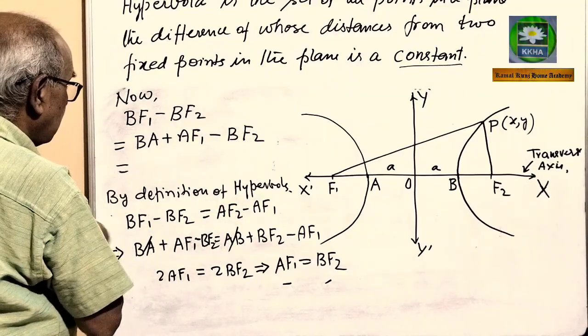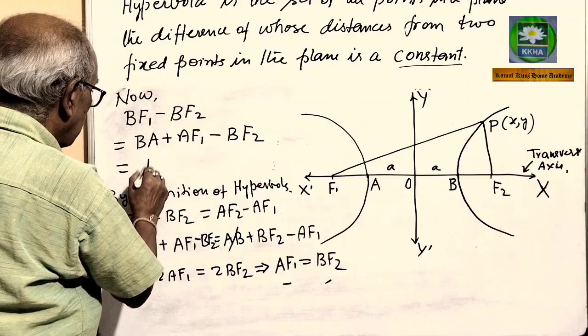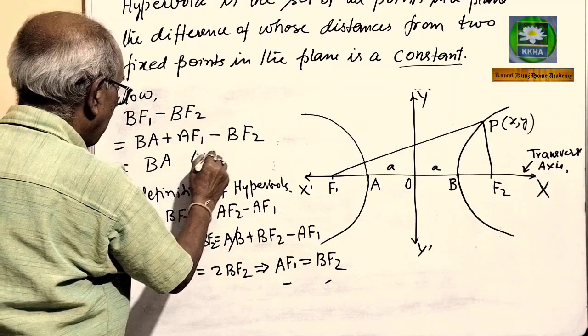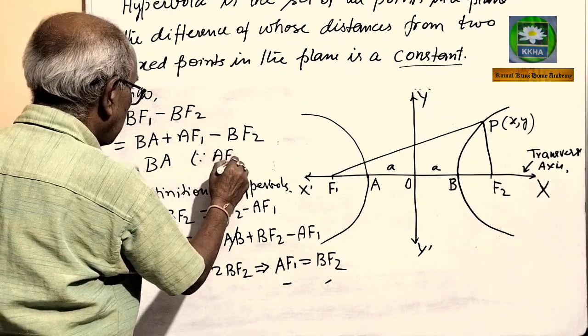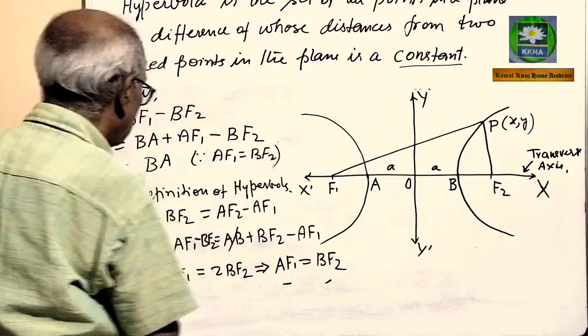This is equal to BA, since AF1 is equal to BF2.